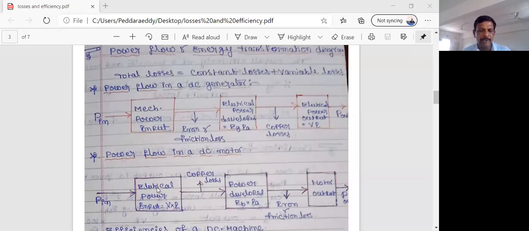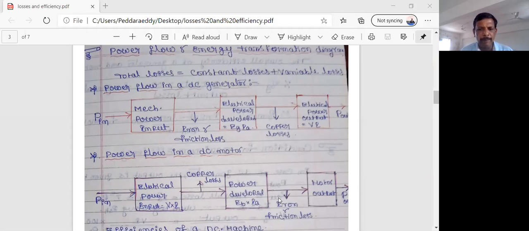When we give electrical power, first there will be copper loss. Why? Because when we give the electrical input, the current flows through the winding, and when current flows through the winding there will be copper loss. So electrical power input minus copper loss, we get power developed in the armature, that is EB IA.